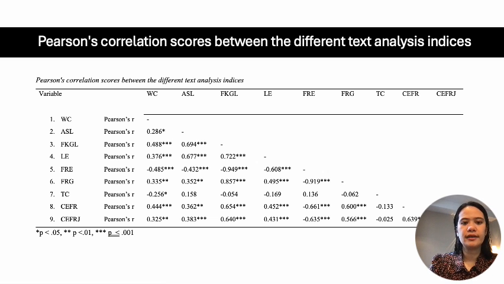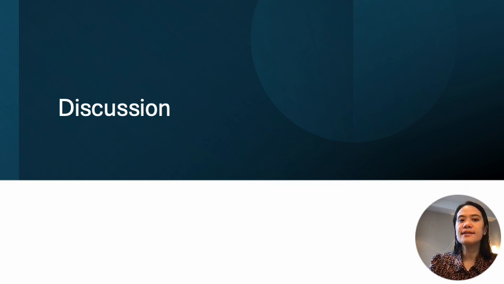On the other hand, Flesch Reading Ease and Flesch-Kincaid grade level have the strongest correlation at negative 0.949. Let's proceed to the discussion of the results.